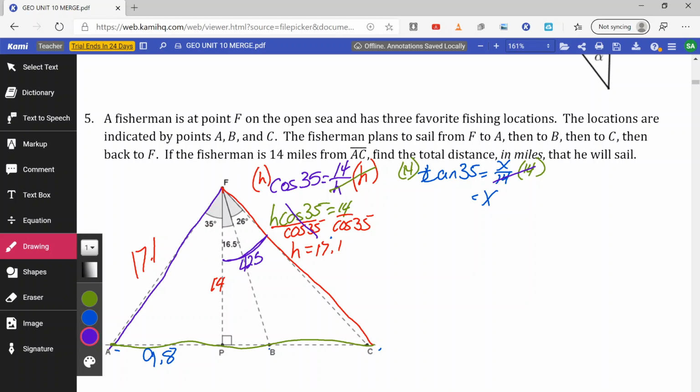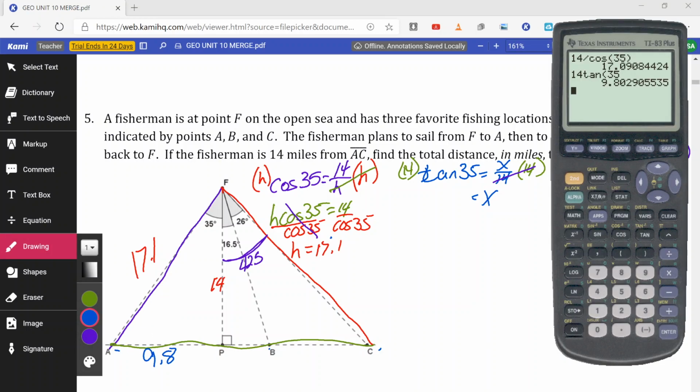Now, just like before, we have an opposite side and adjacent side of 14. So we now have tangent of 42.5 is equal to our unknown x over 14. And just like before, we'll multiply both sides by 14 to get rid of the fraction on the one side, and we end up getting x all by itself.